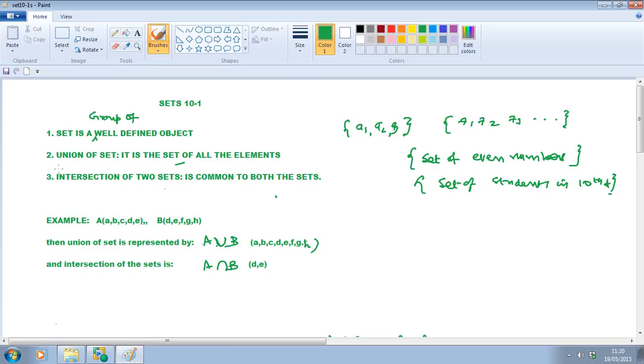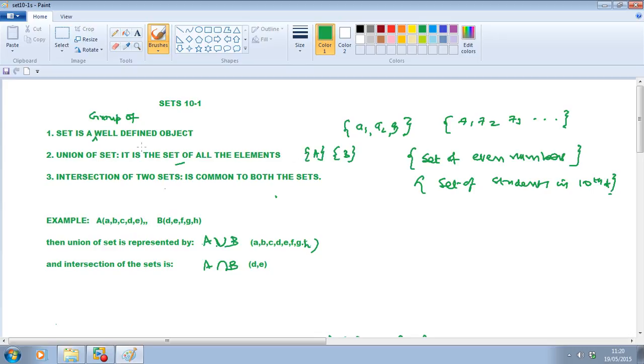What we call next is the union of sets. It is the set of all the elements. For example, one set A is this, another set B is this, or you can say set C, whatever it is.